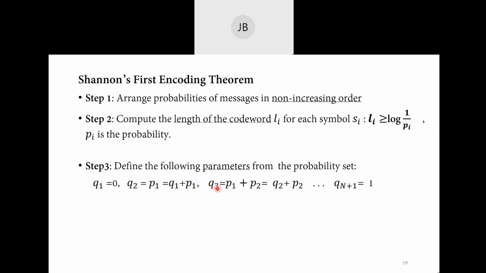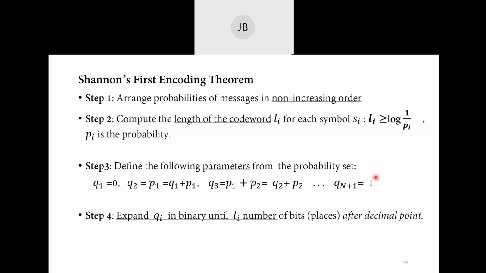For example, if you consider Q4 here, it is the sum of probability 1, probability 2 and probability 3, and so on. It continues up to the n plus 1 term, and that will have the sum of all the previous symbols. So when you consider all the probabilities, that is 1.